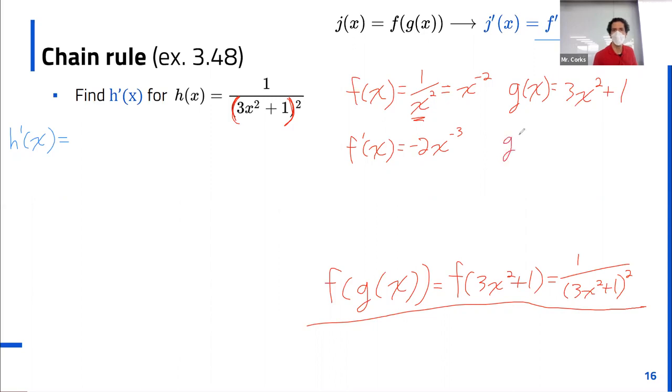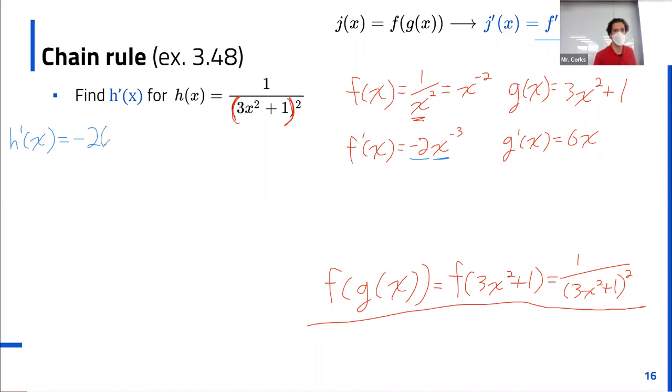And our derivative of g of x, this one's easy. It's just 6x. Okay, so our chain rule thing here, we would have -2, but x we have to replace with the inside function.